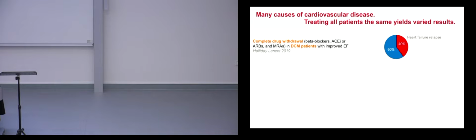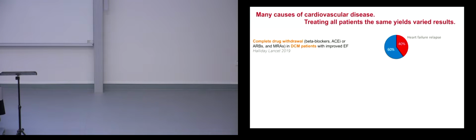These might be women who had pregnancy-induced heart failure, or people who've had drug-induced heart failure following their chemotherapy. They're now on heart failure medication, and 5, 10 years later, their hearts have recovered, and they want to go off their medication. They're taking a whole lot of medication every day. They don't want to. And when they took the patients off their medication, 40% of them relapsed back into heart failure, which is a bad outcome.